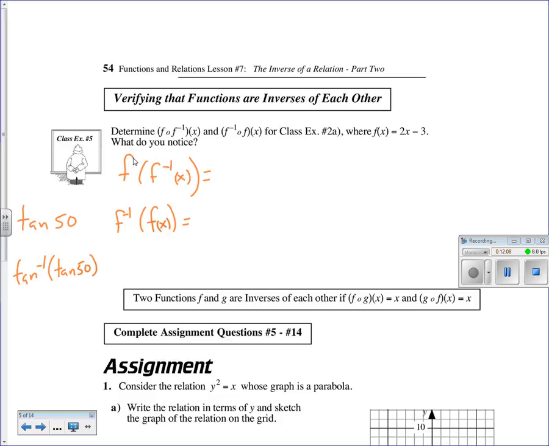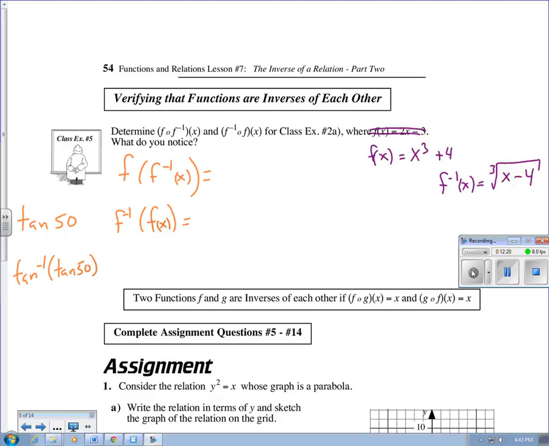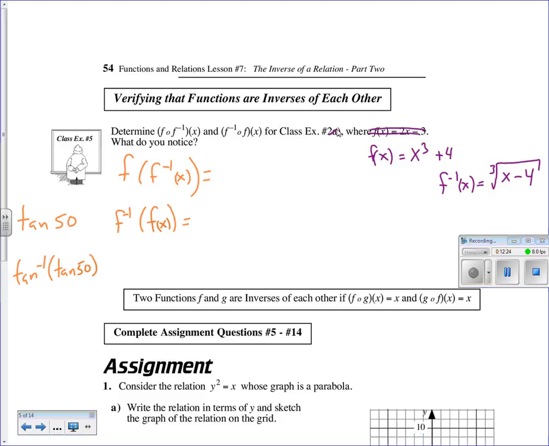In class example 2, we previously manipulated an equation, and I'm going to bring back what f, the inverse is. I actually want to work with the cubed equation we were talking about. So this is actually 2b, so it'll be a little different than what you might find in your answer key. So f at x is defined. We found f to the minus 1 of x as well.